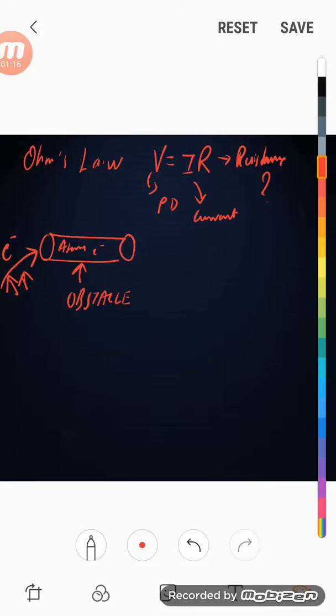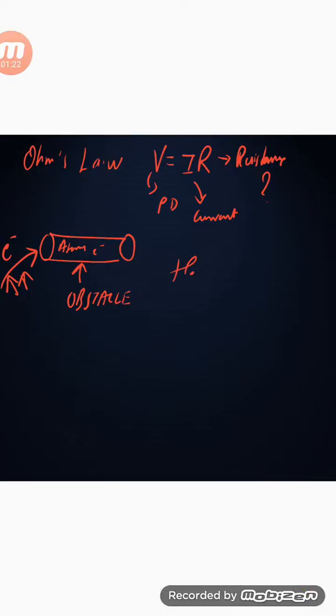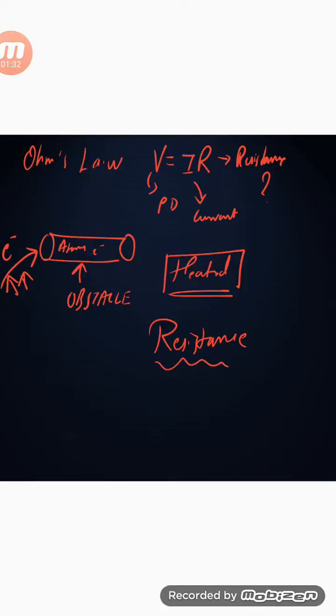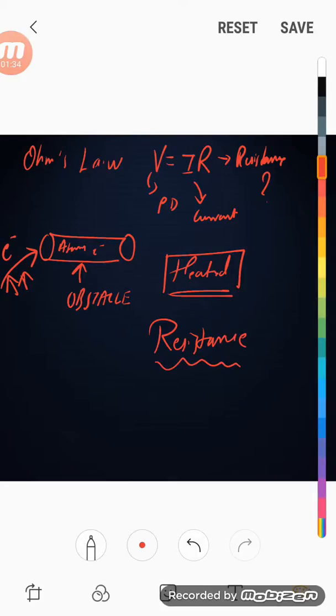Because of this, the energy of these electrons gets converted to heat energy and the wire gets heated up. So the creation of heat energy is because of the phenomenon of resistance given by that conductor. Okay, so that is resistance.